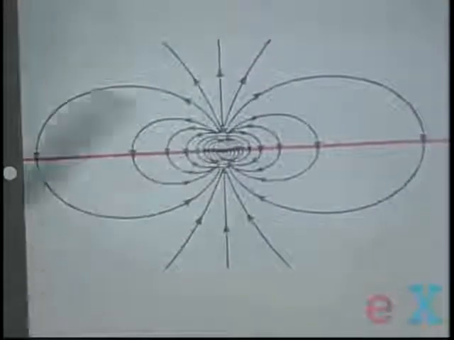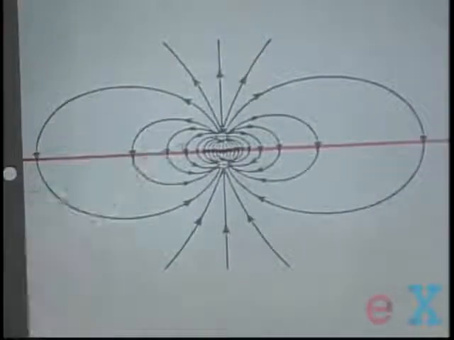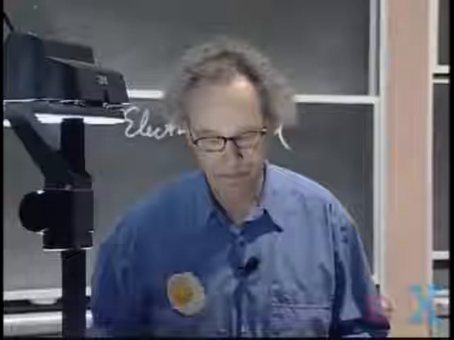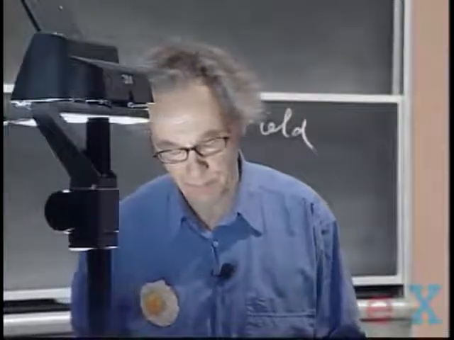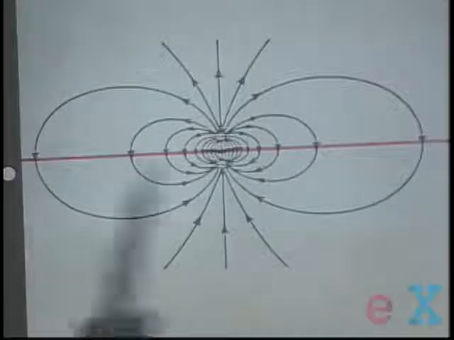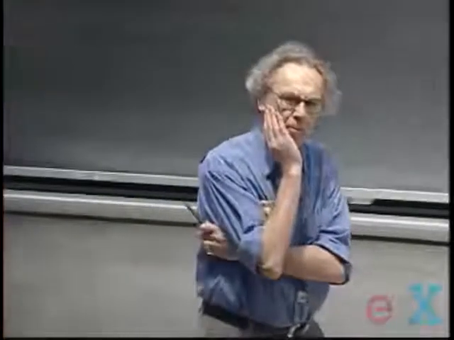If you're close to the plus charge, notice that all the field lines go away from the plus. And if you're close to the minus, notice that all the field lines come in on the minus. You expect that. If you are far away from this dipole, now you have a problem.